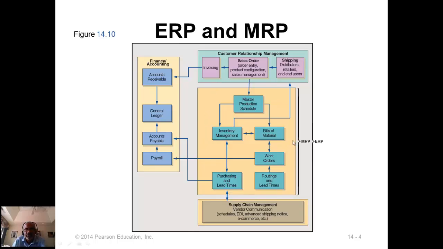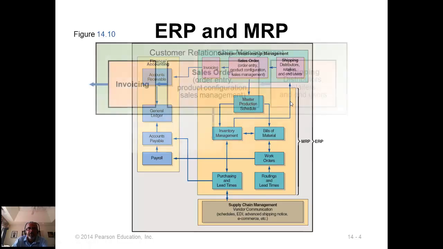This is the core part, the MRP, but ERP lays several layers around it. So you have the marketing and customer relations here, financial systems here, and supply chain management on the vendor side here. So the entire company's operations are managed in this ERP, Enterprise Resource Planning system.